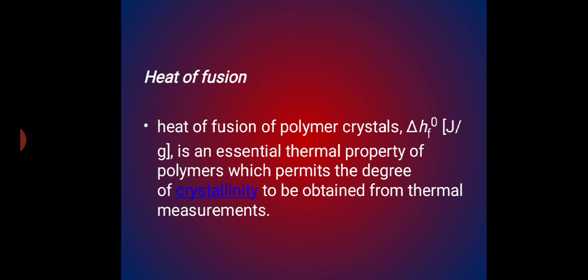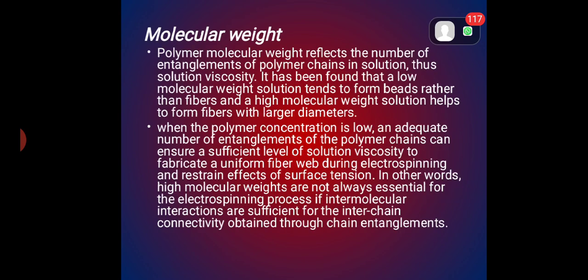So the heat of fusion is a parameter used to measure the degree of crystallinity. How crystalline it is is measured based upon the heat of fusion, that is delta HF.